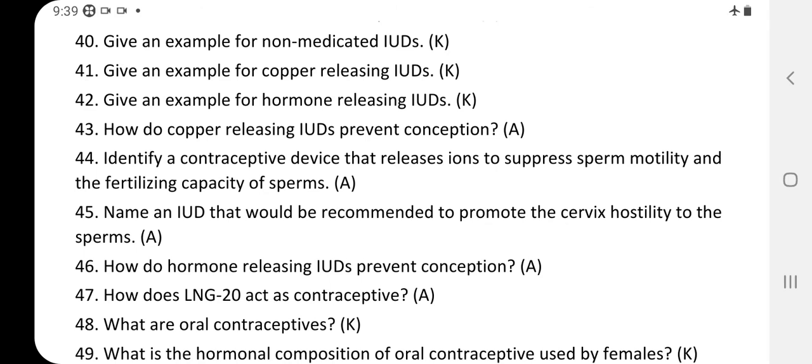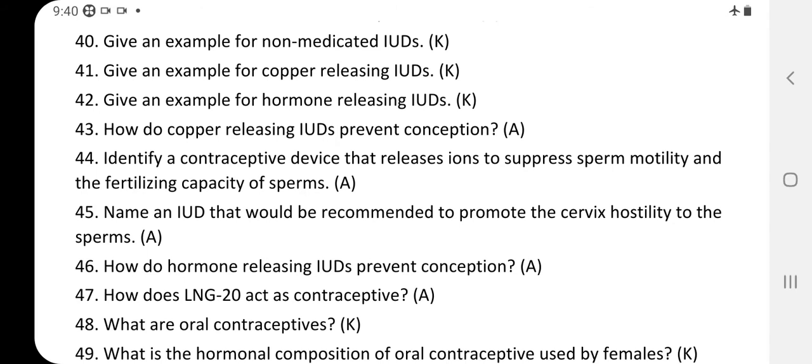When the copper T, copper 7 release the copper ions, those copper ions are going to suppress the sperm motility, means the movement of the sperm will be decreased, and the fertilizing capacity of the sperm also gets suppressed, means when the sperm meets the ovum, the fusion may not occur when the copper ions are being released.